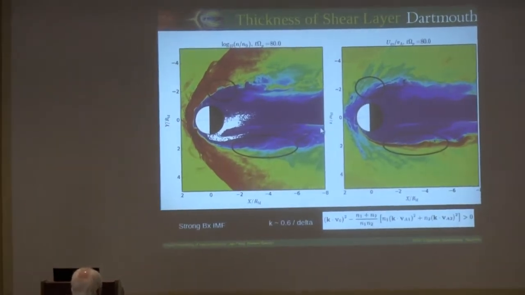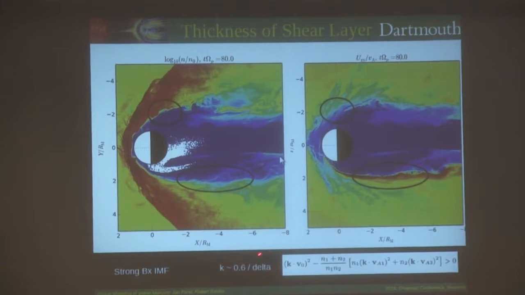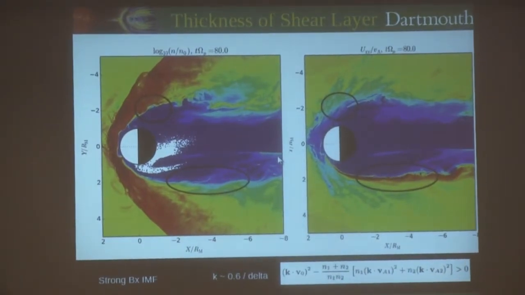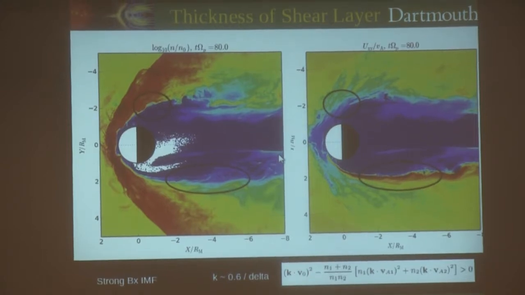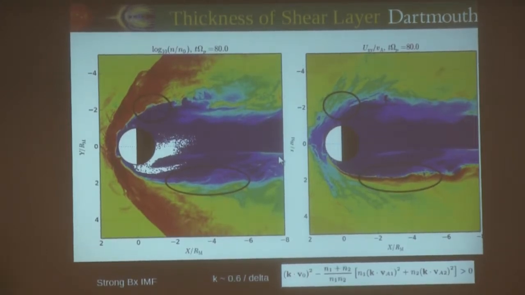So this expression has two terms. The first one drives it unstable, where k is the k vector of that Kelvin-Helmholtz instability, which is, let's say, parallel with the x-axis, and v0 is the difference in the velocities across the shear.